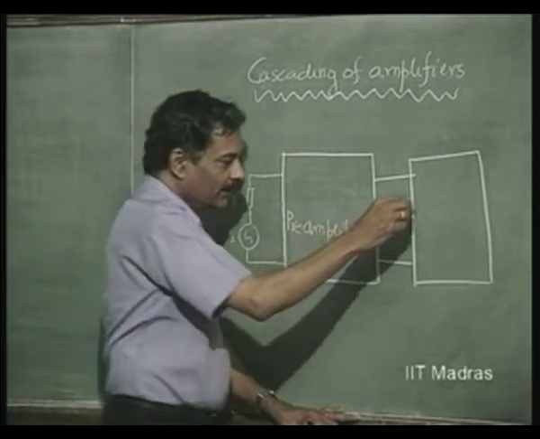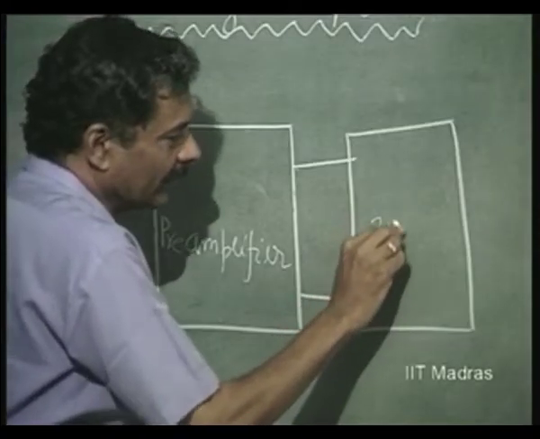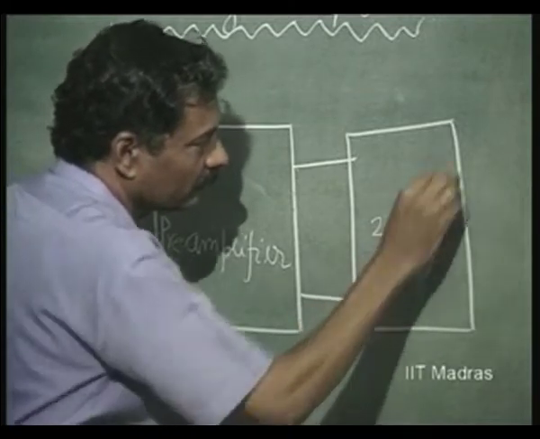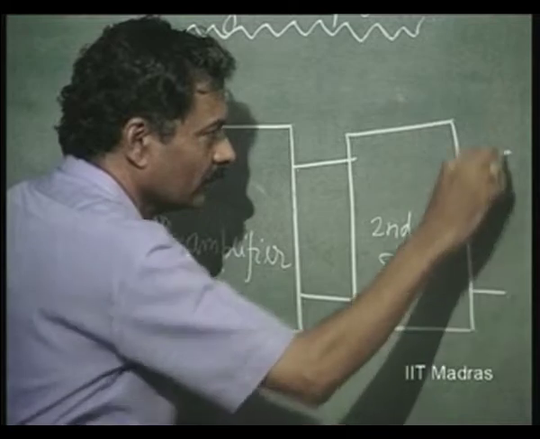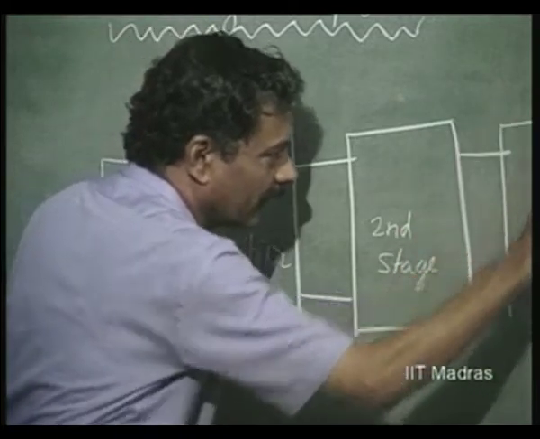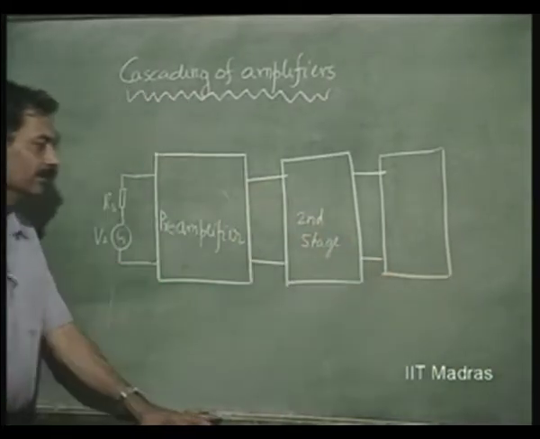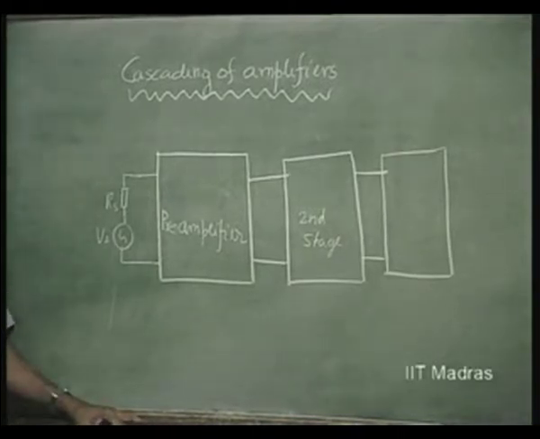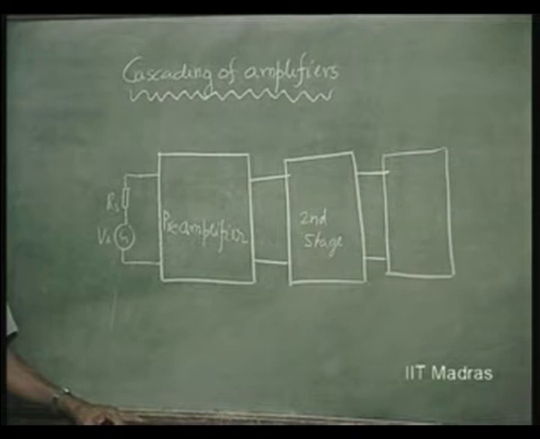So, this is maybe a second stage. And so on, you might have to cascade so many amplifiers. Now, what is the effect of cascading?